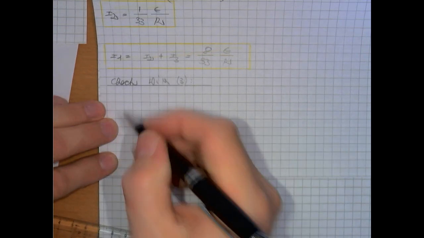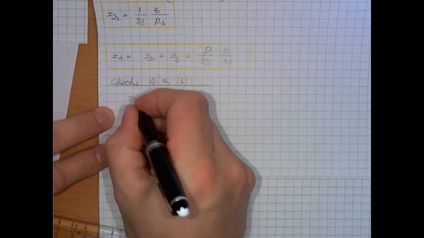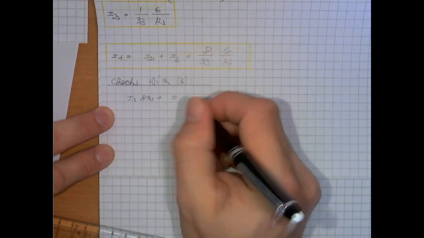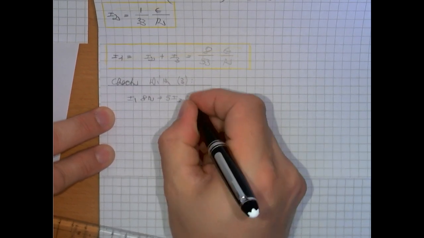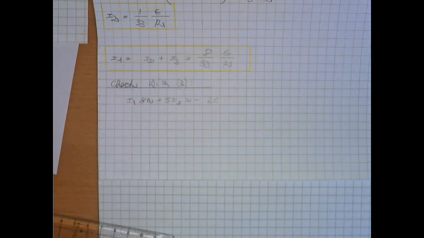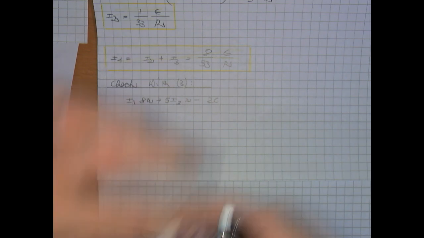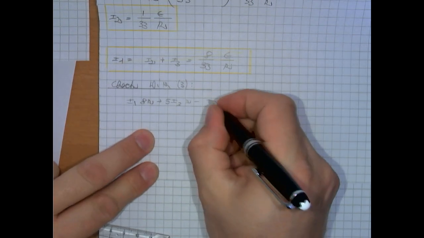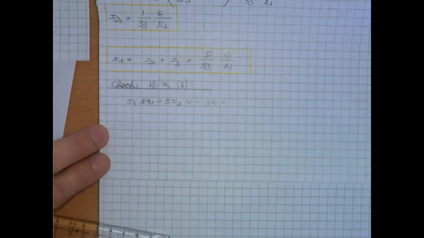So we have then I1 8r plus 5 I3 r minus epsilon minus 3 epsilon. So what do we get then?